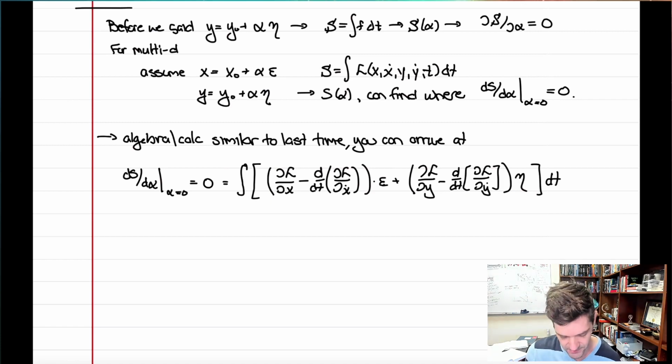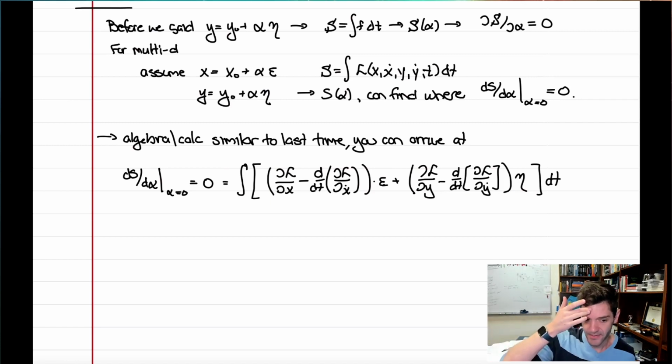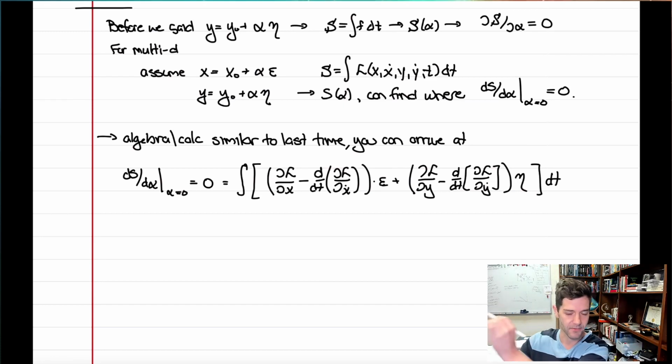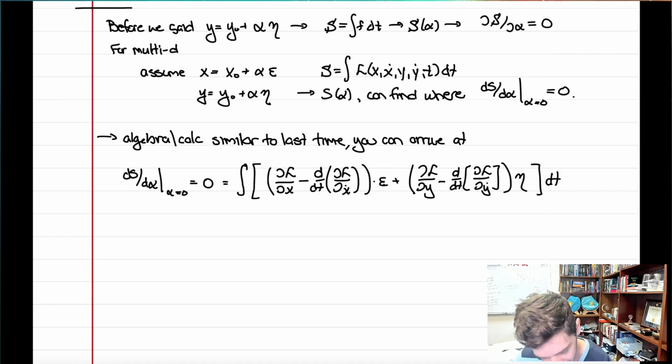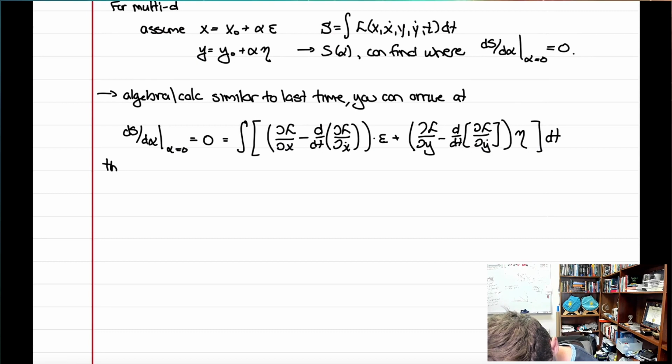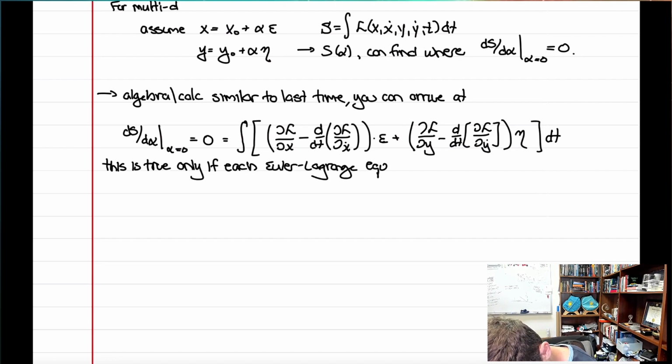And if there were 3 variables, we'd have another thing that looks like dL by dz minus d by dt of dL by dz dot, and that would have to be equal to 0. No matter how many variables we have, we'll have a term for each of those coordinates, and we can conclude that this is true only if each Euler-Lagrange equation is identically 0.